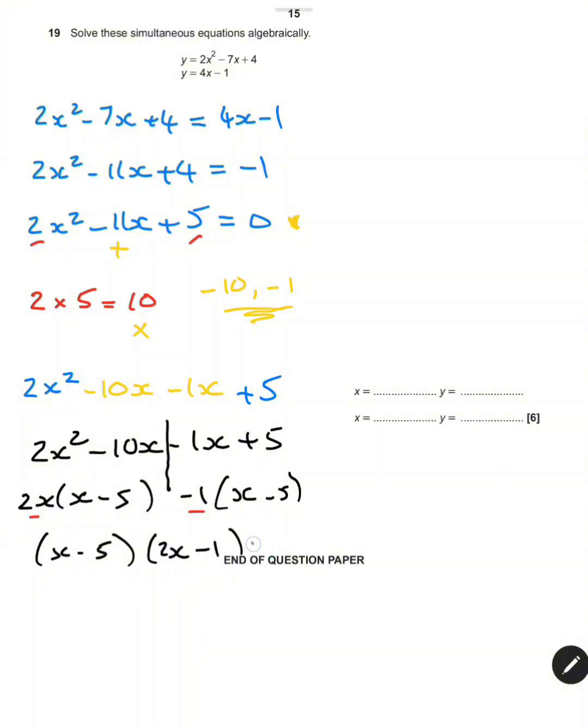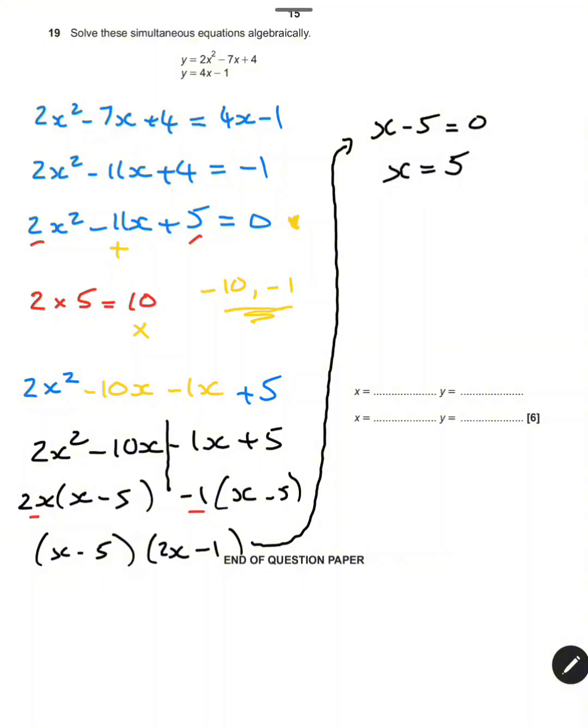If we take these back up here, we can now say that the first bracket, x minus 5 equals 0, so x must equal 5. And in the second bracket, 2x minus 1 equals 0, add 1 to both sides, divide both sides by 2. They're my x values.